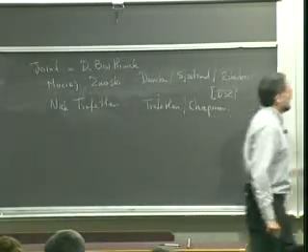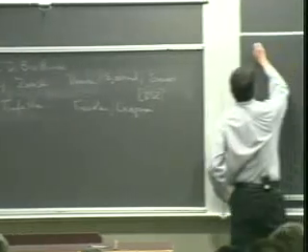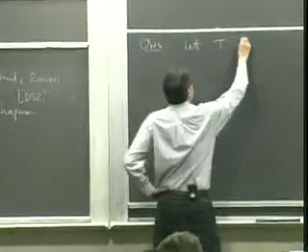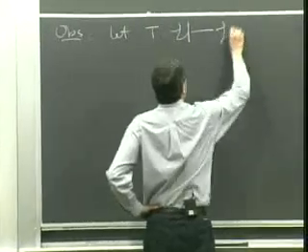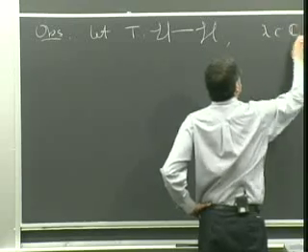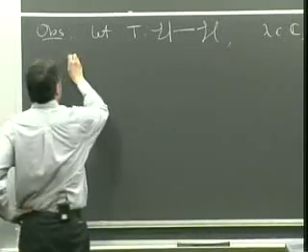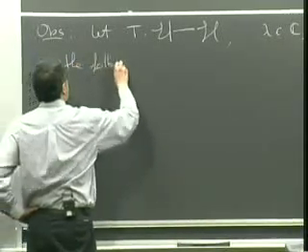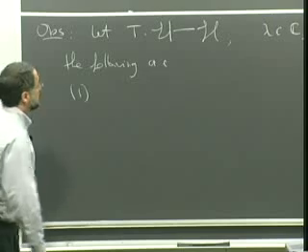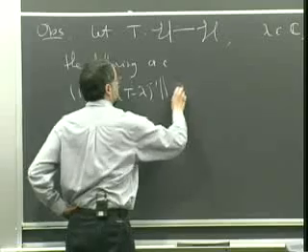So I will begin with the following observation. Suppose you take an operator T on a Hilbert space, and suppose you have a complex number lambda and a positive epsilon. Then it is elementary that the following are equivalent. Number one, the norm of the resolvent at lambda is greater than 1 over epsilon.